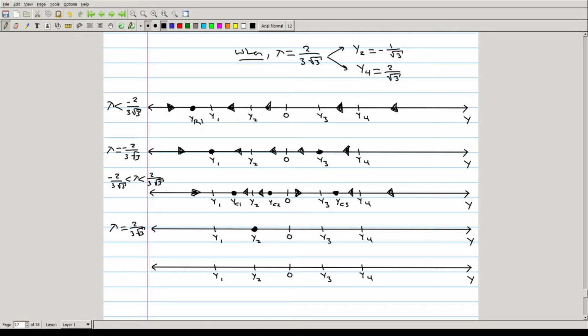So we'll have two critical points, two equilibrium points, where when we're less than y2, the solution is increasing. When we're greater than y2, the solution is also increasing. And for initial conditions greater than y4, the solution is decreasing.